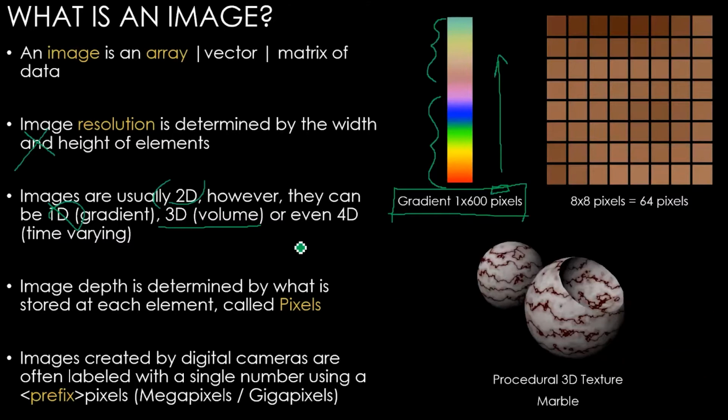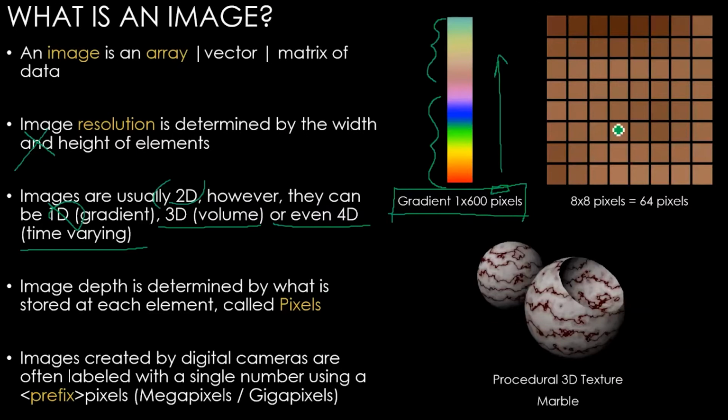Or you could use data run from a simulation in fluid mechanics and then overlay that and view it as volume information. And then if you want to, you can even do 4D or time varying data. Now, of course, with each one of these, the size of the data set grows very quickly. It grows dimensionally, right? For a 4D time varying data set, even a small amount of data at a relatively normal resolution, like 1024 by 1024, will get big very quickly.